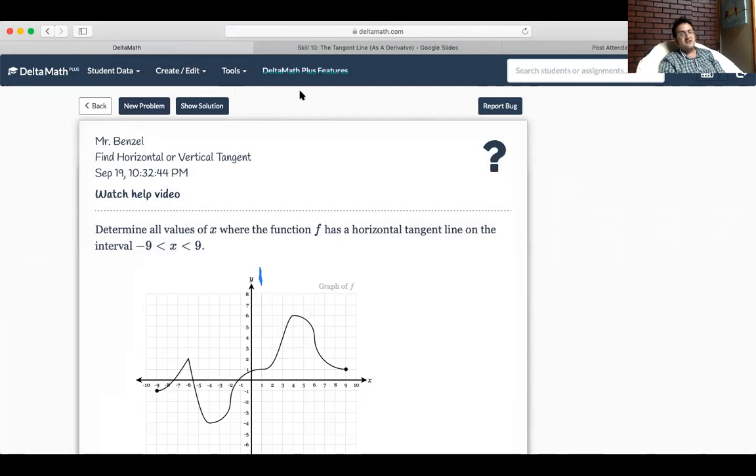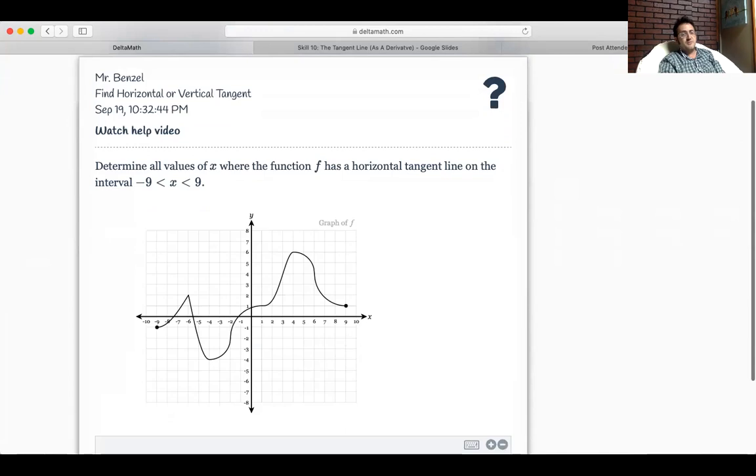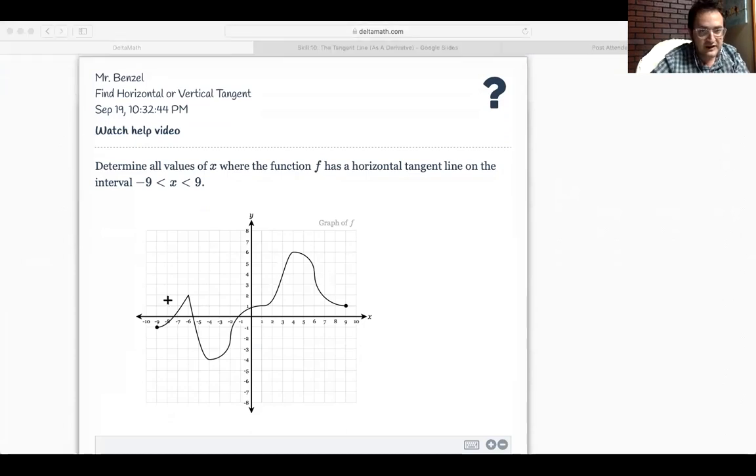Also, horizontal tangent lines are nice because that tells us where we have zero slope. Where that happens are not pointy things, but right about there. Let me just erase that here for a second. Right about there.